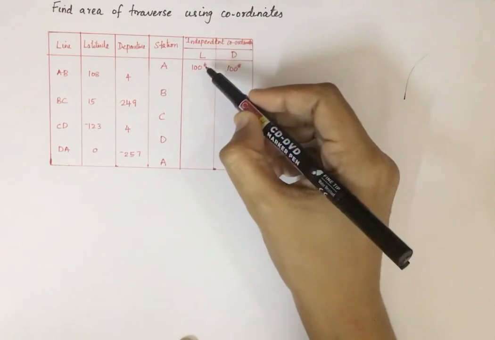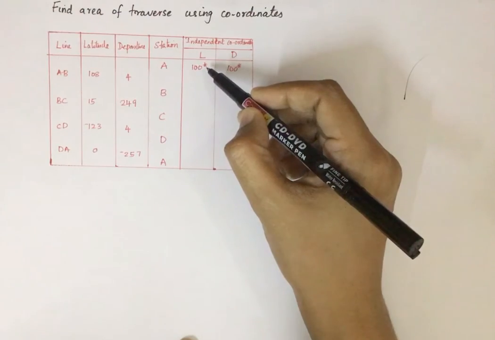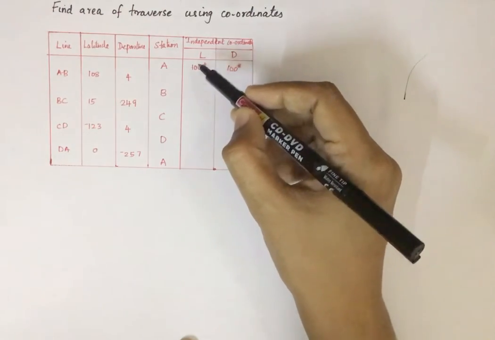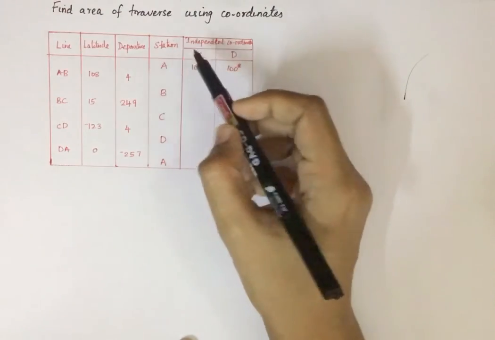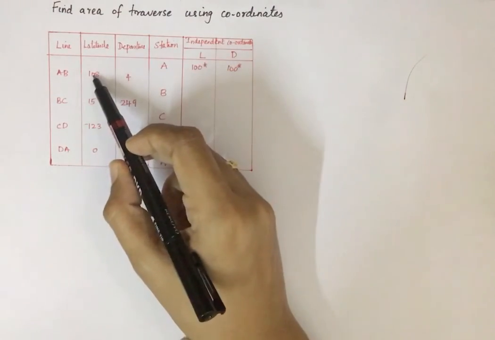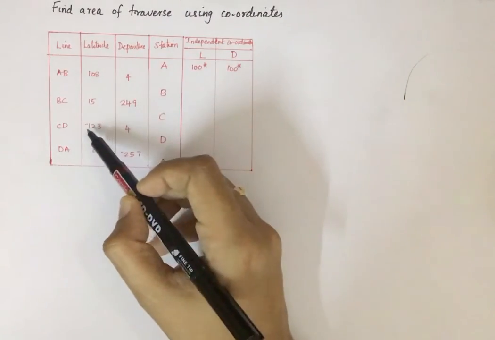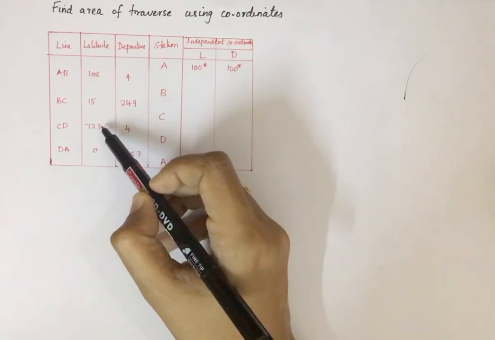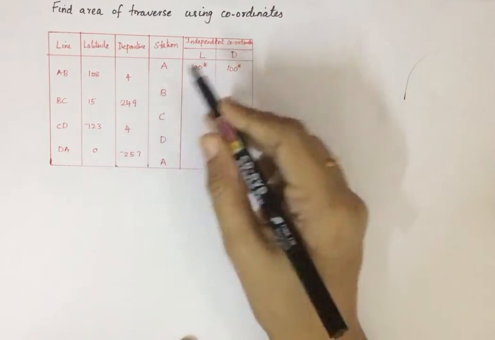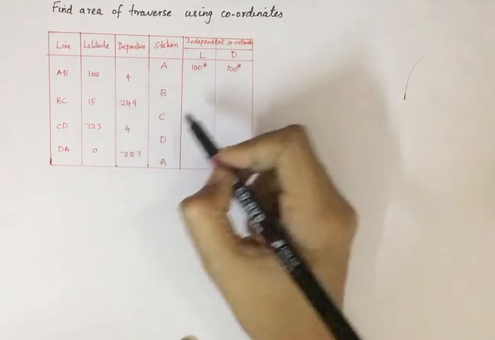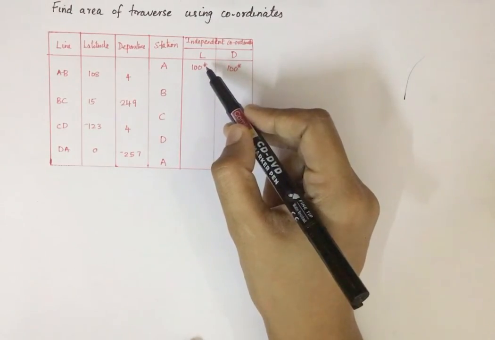For A it is 100, then for B, if it is plus you have to add the latitude. In the case of CD it is minus 123, so you have to deduct that value.